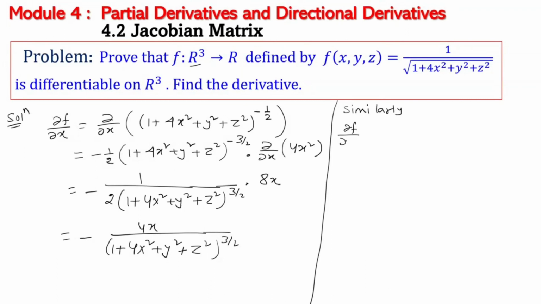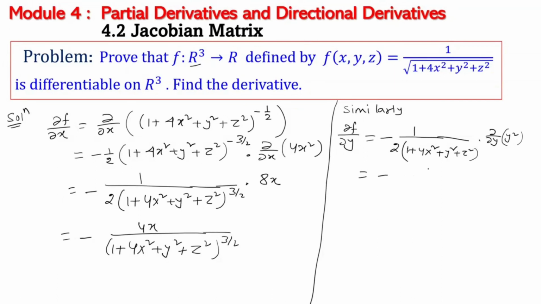In a similar way, we'll calculate del f del y. The derivative of y squared is 2y, so we can write it directly. The first part will be the same: minus 1 over 2 times (1 plus 4x squared plus y squared plus z squared) to the power 3 over 2, and then the partial derivative of y squared.